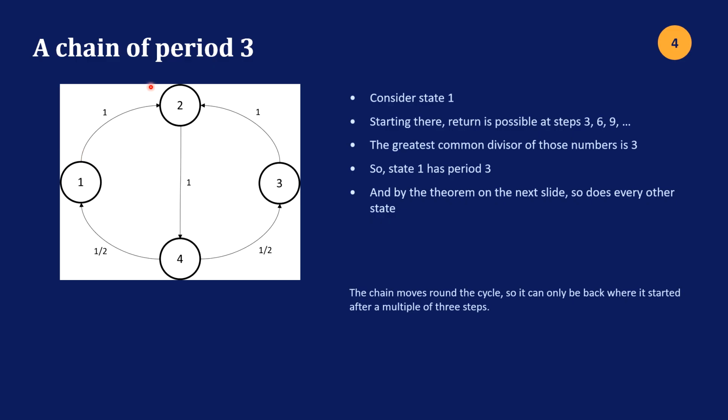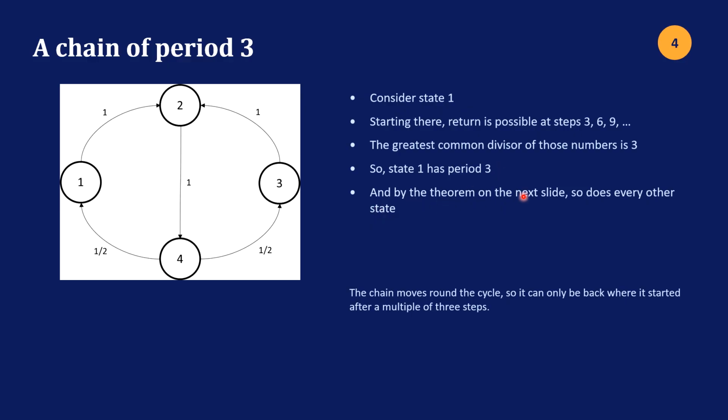It can make it 6 and 9 and so on. But there's another way. You can go from 1 to 2, 2 to 4, so it's 1, 2, and 3, 4, 5, 6. So you could also do that. That's a longer one, but that's still a multiple of 3. It's 6. So the GCD of all those numbers is 3. So state 1 has period 3.